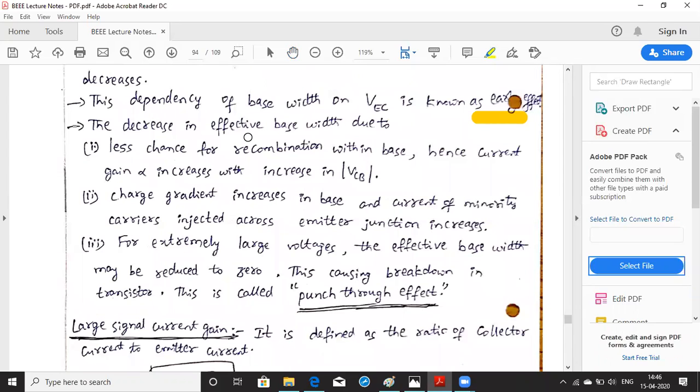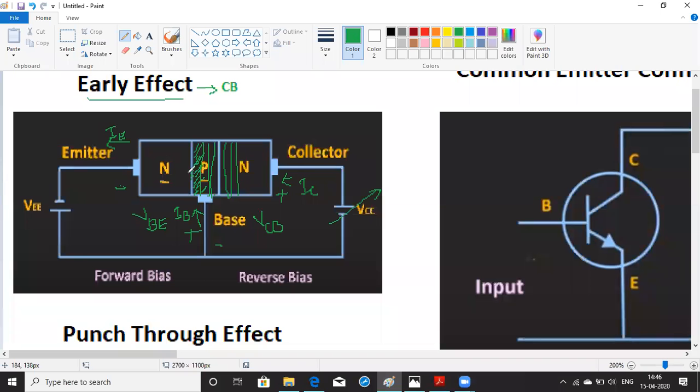Now what are the factors affected when the base width is decreasing? The recombination will decrease. Why? Because the electrons, the majority carriers of the n type, need to recombine with the holes, but recombination will be very little because the width is reduced compared to the previous case.